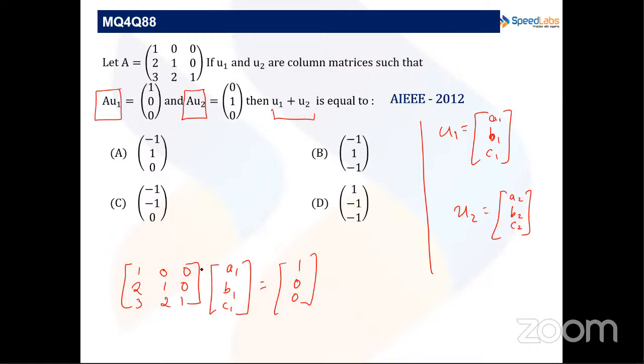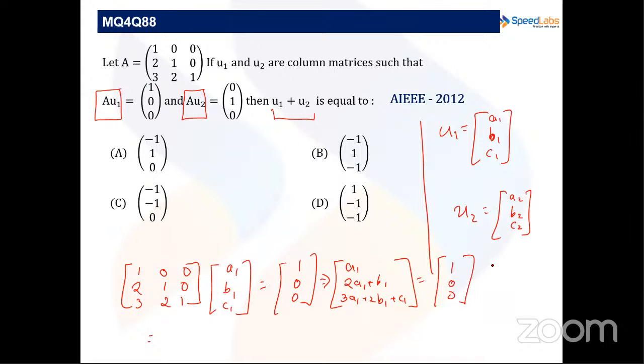So on solving this, first row first column will give you a1, then 2a1 plus b1, and 3a1 plus 2b1 plus c1 is equals to 1 0 0.